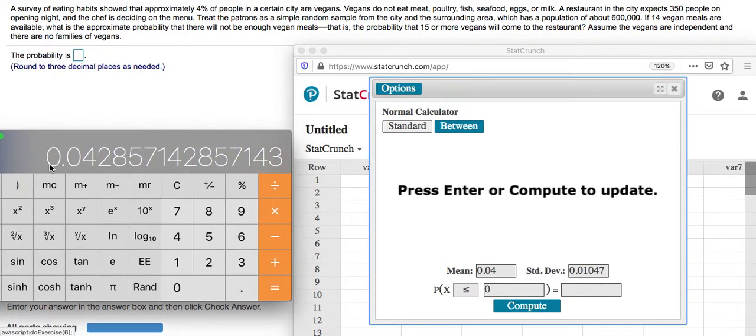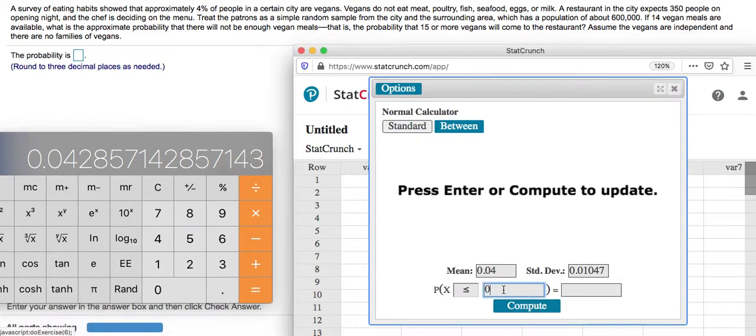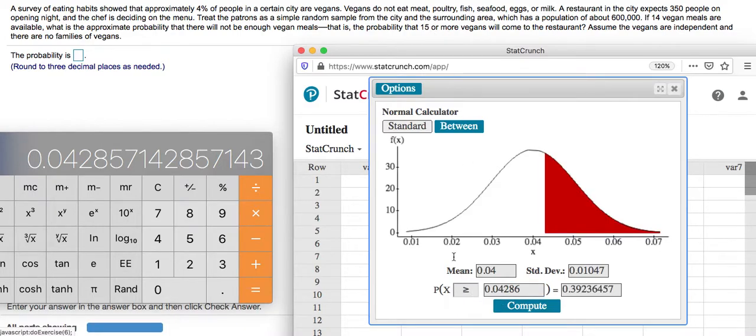Okay, so roughly 4.29%, but I'll leave it as a decimal. I suppose I'll round to 5 decimal places, so 0.04286. So here, I want to put in 0.04286. And because it says 15 or more, we want to be greater than or equal to this value.